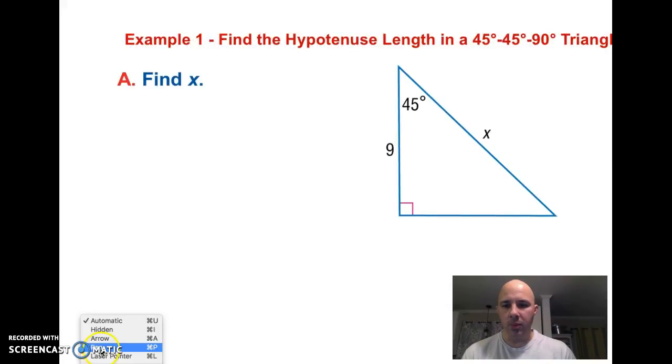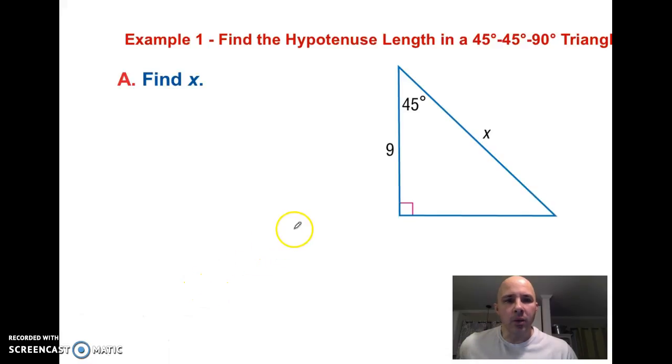Okay, example number 1. We're going to find the hypotenuse length in a 45, 45, 90 triangle. The first thing I want you to do is make sure you always label the hypotenuse. So this is my hypotenuse.